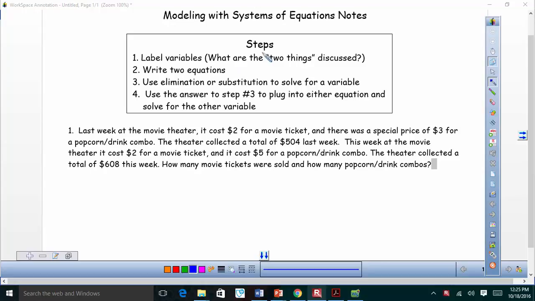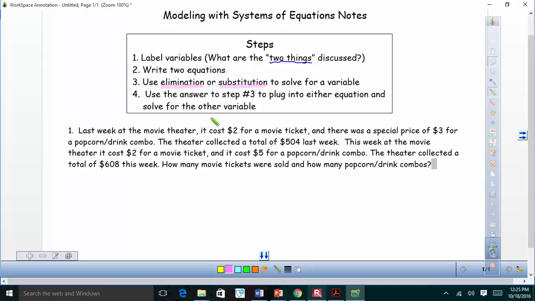Our variables are going to be the two things that we're talking about, whatever two things we're talking about. We're going to write two equations, and then we're going to use either elimination or substitution to solve for the variable. And then we'll plug in, okay?